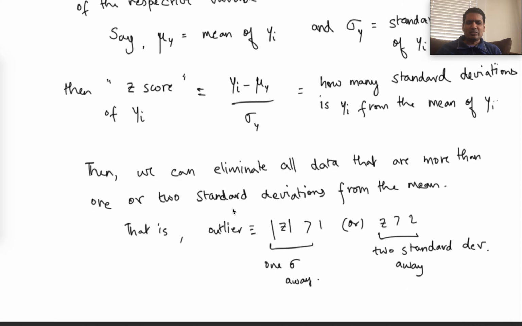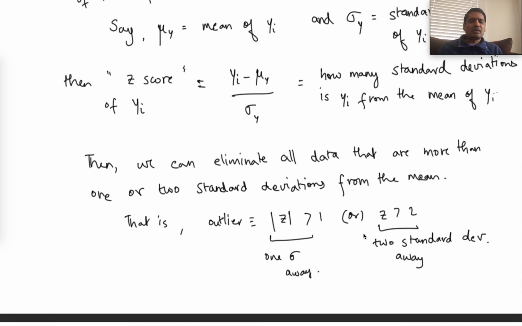And it's typical to, depending on the context, eliminate all data points that have z greater than 2. What does z greater than 2 mean? Or absolute value of z is what we mean here. Absolute value of z greater than 2 means that your data point is at least 2 standard deviations away from your mean. Or z greater than 1 would be 1 standard deviation away, right? It's even more common if you have well-behaved data to use z greater than 3, which is 3 standard deviations away.